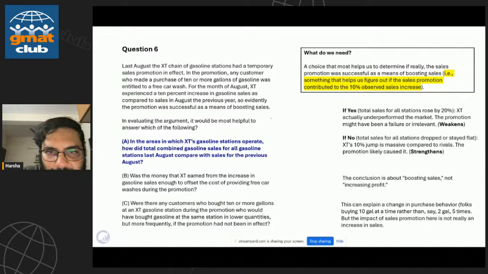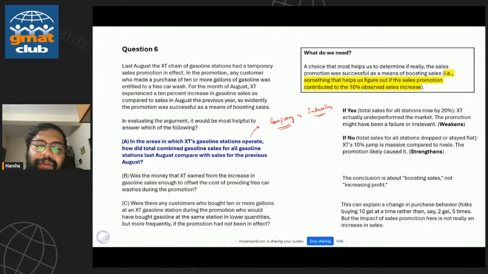Example one, which is absolutely the relevant example here, is company versus industry. It could be any industry, including gasoline. But imagine that you are in the mobile phone industry. You have your Apples and iPhones and Motorolas and Samsungs, all those brands and companies, and then you have the industry as a whole.